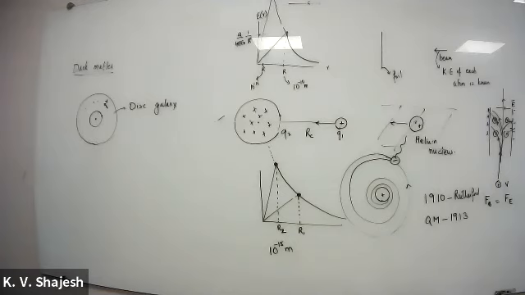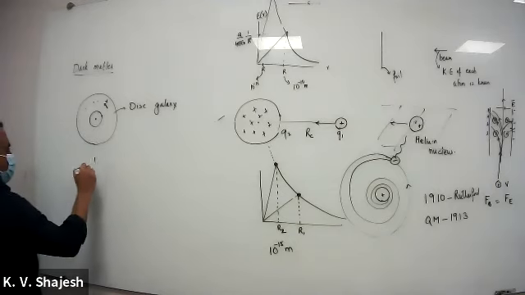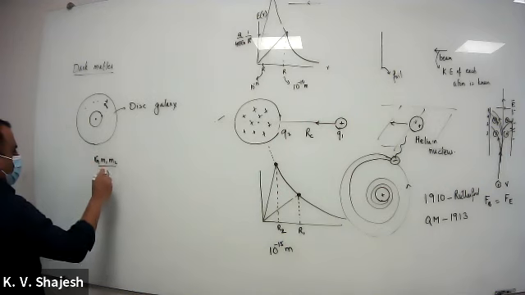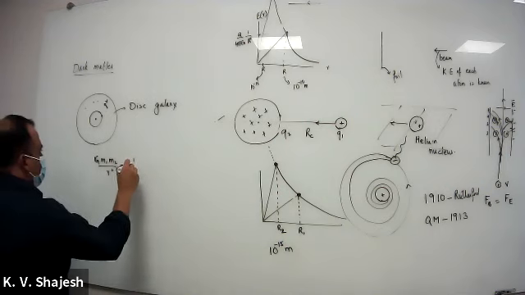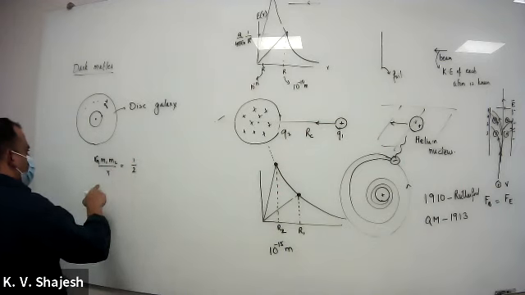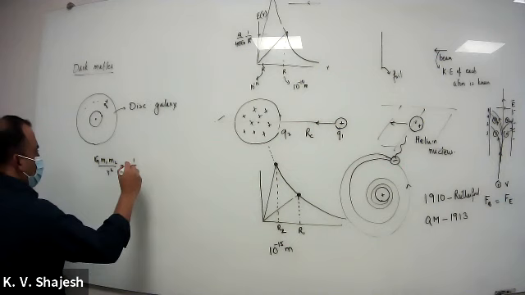That's clear. The velocity of this is decided by G m1 m2 over r squared equal to m v squared over r.